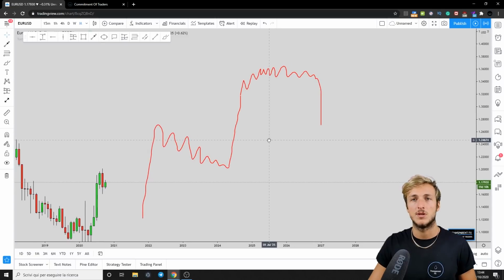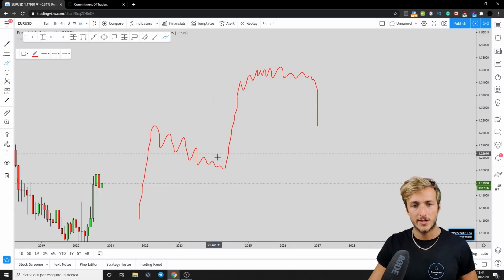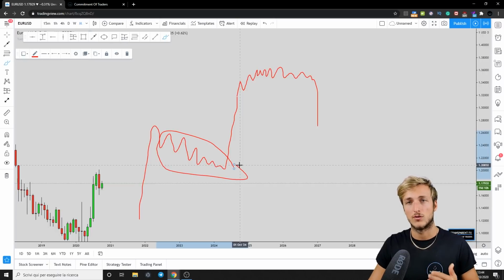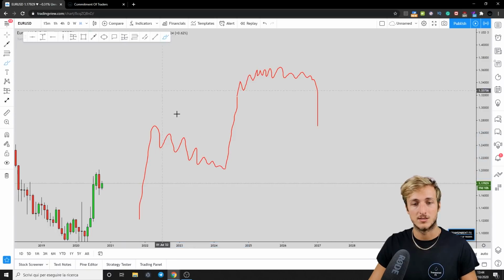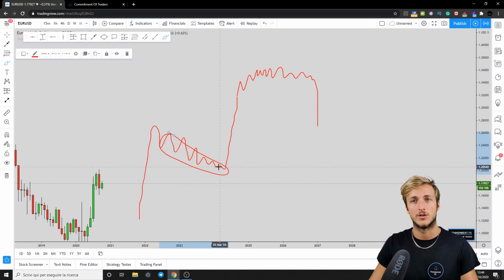Now you might be asking yourself why the market moves exactly in this way, and the answer is actually quite simple. What happens inside of this area is that hedge funds add a lot of long positions. Basically, the real movers of the market, institutions, are adding a lot of long positions, and they need a long time to accumulate all these long positions. So this is an accumulation phase.